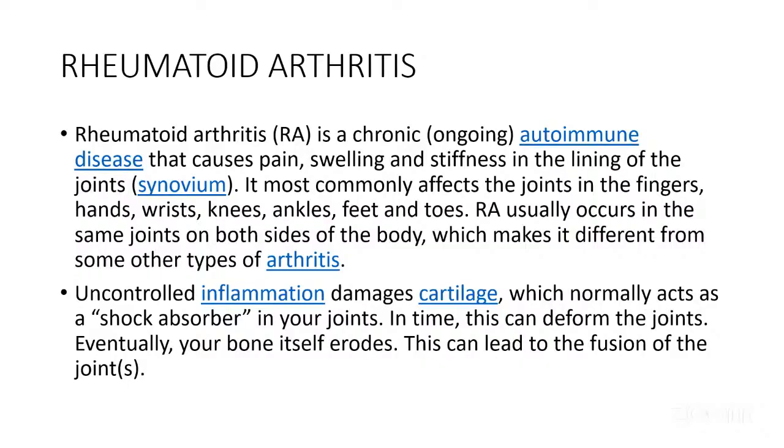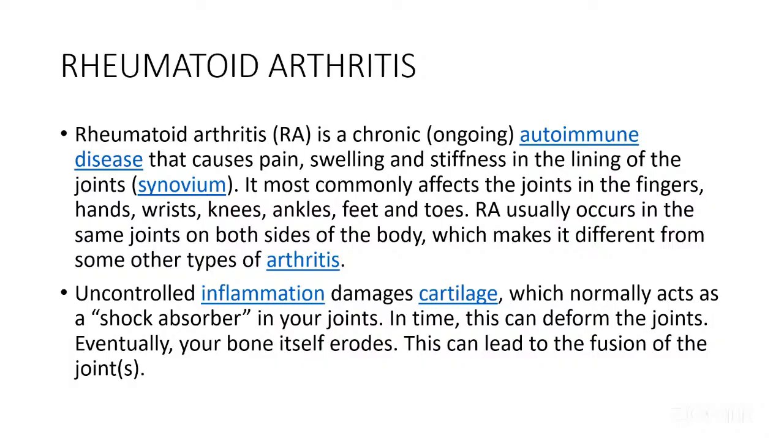Rheumatoid arthritis, or RA, is a chronic, meaning ongoing, autoimmune disease that causes pain, swelling, and stiffness in the lining of the joints, which we call synovium. It most commonly affects the joints in the fingers, hands, wrists, knees, ankles, feet, and toes.